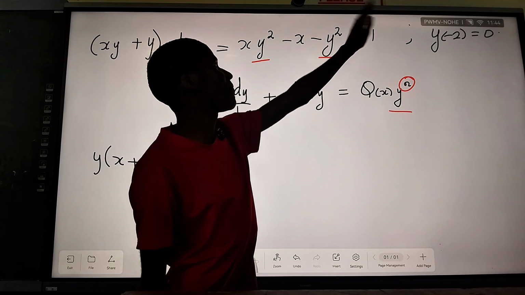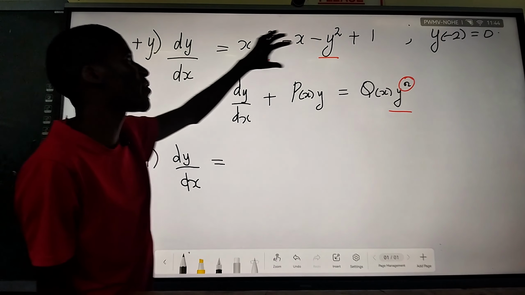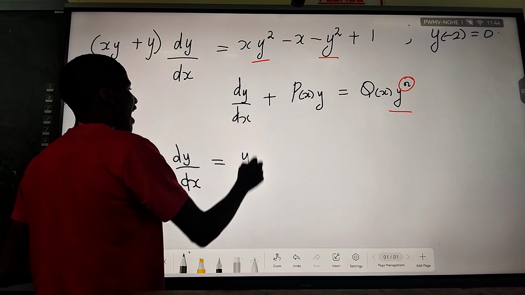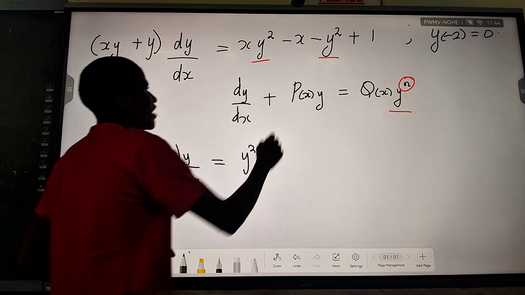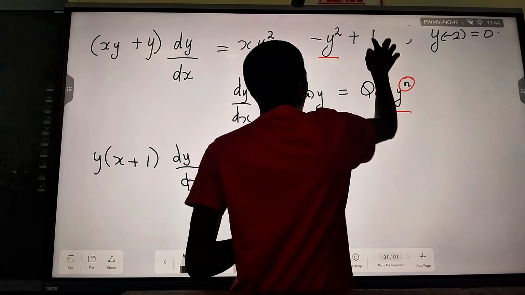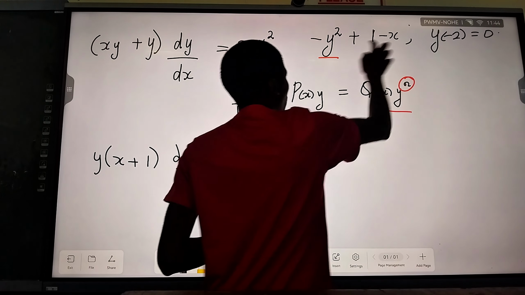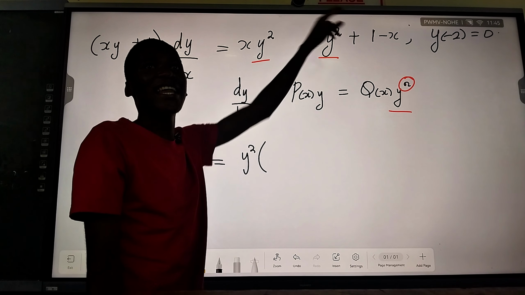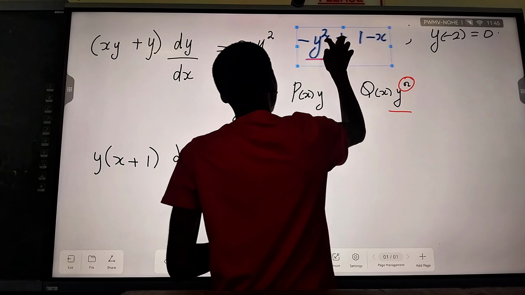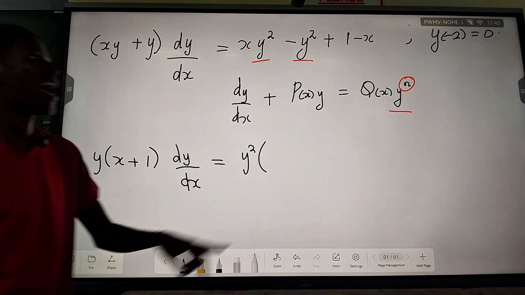This minus x, I put it here where there is 1, so we see that this y squared we can take out here. Let me just rearrange.